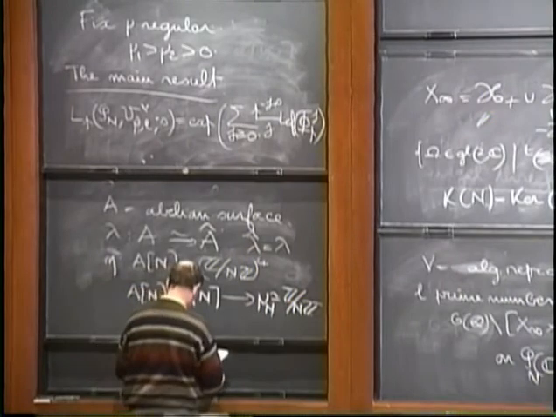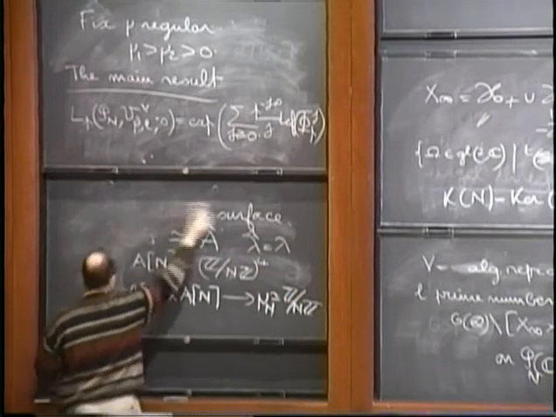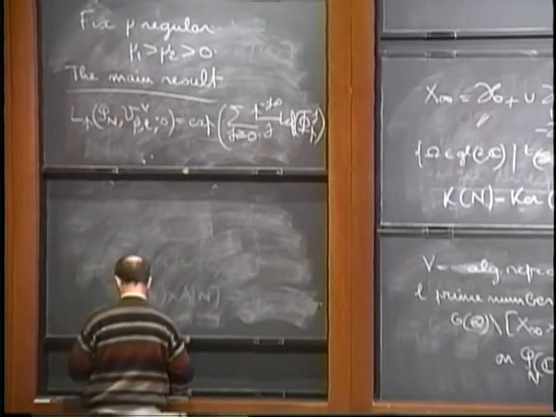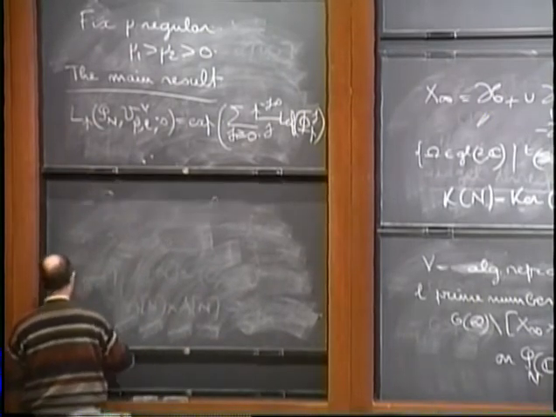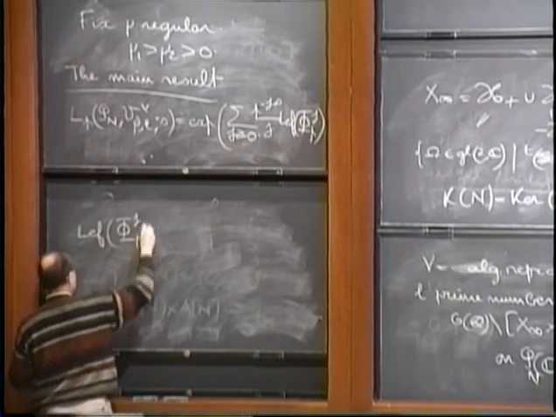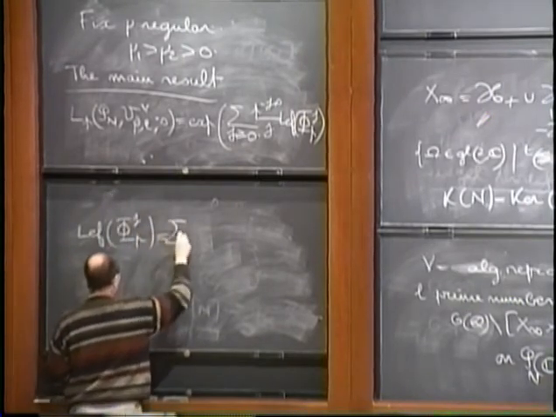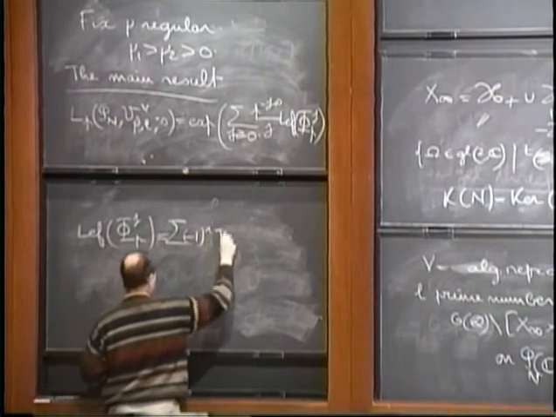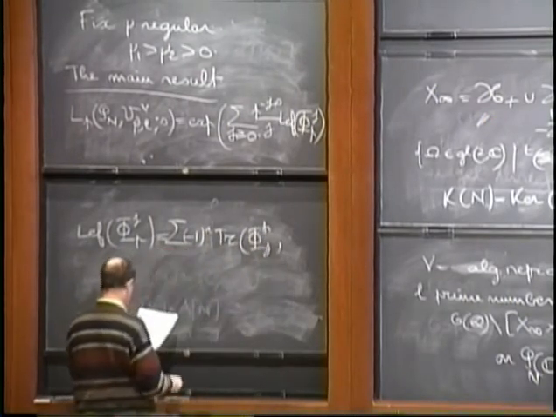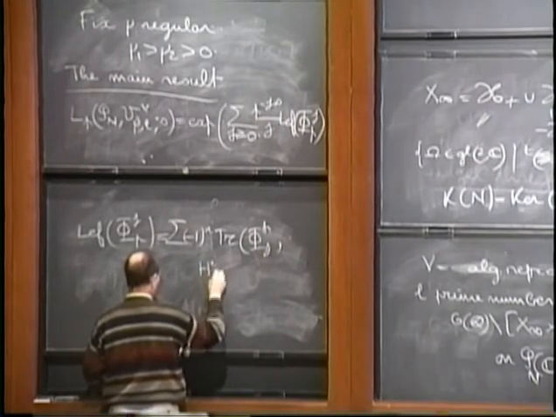And those Lefschetz numbers are the alternating trace of Frobenius, that I will denote simply like this, acting on the cohomology with compact support.